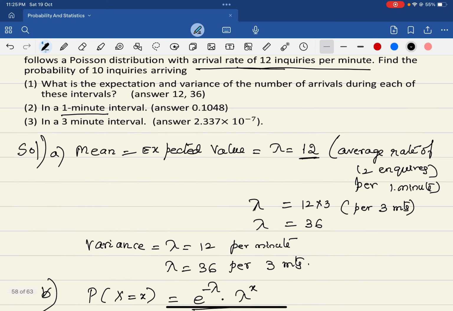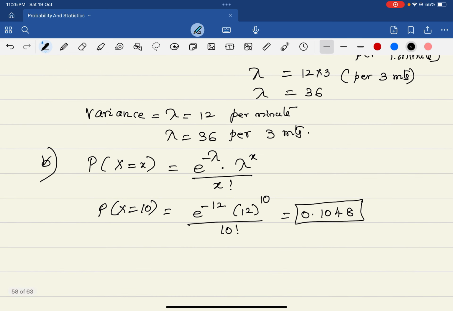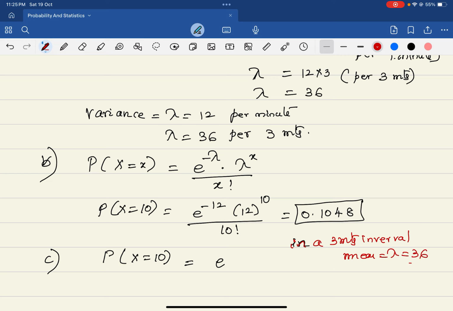Now coming to the same thing in a 3 minute interval. What is the probability of x equal to 10 in a 3 minute interval? So we can write that in a 3 minute interval, the mean lambda is equal to 36.